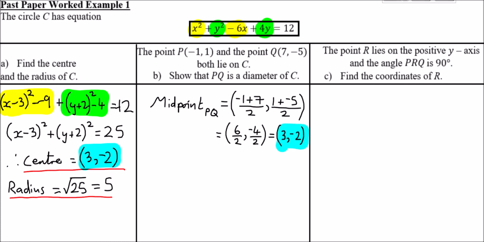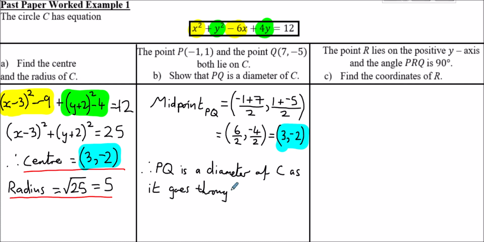If we just make a concluding statement, we're pretty much done. So therefore, PQ is a diameter of C as it goes through the centre.